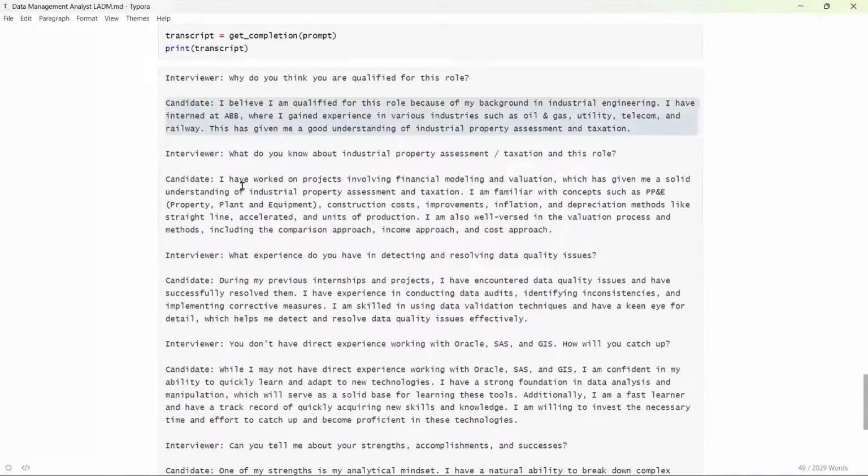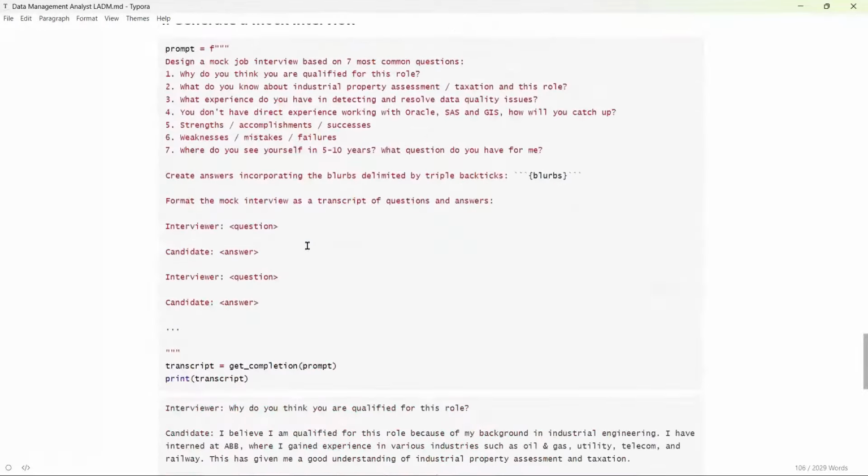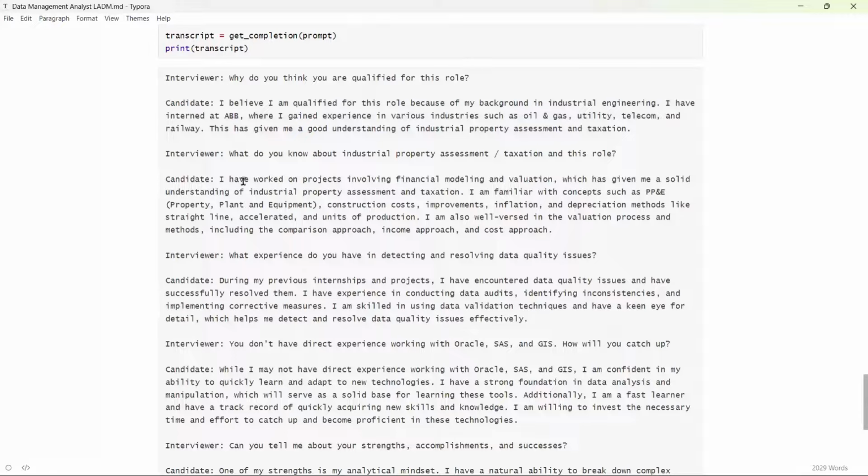Interviewer: What do you know about industrial property assessment, taxation, and this role? So I only had these blurbs, but now I have a full story. I have worked on projects involving financial modeling and valuation, which has given me a solid understanding of industrial property assessment and taxation. I'm familiar with concepts such as PP&E, property, plant, and equipment, construction costs, improvements, inflation, and depreciation methods like straight line, accelerated, units of production.